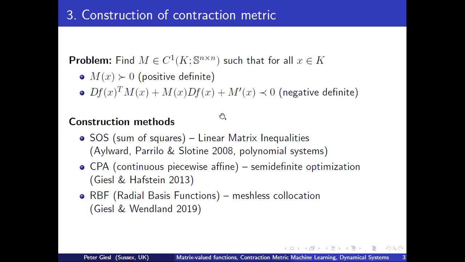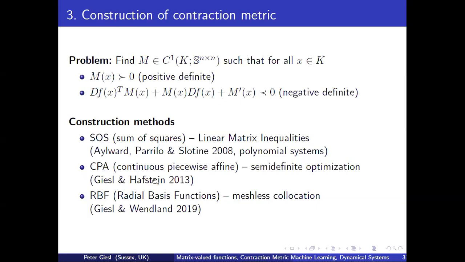There's a method called sum of squares that can be used to solve linear matrix inequalities for polynomial systems, and M will be component-wise a polynomial. You need to determine the maximal degree of polynomials, so that has its limitations.